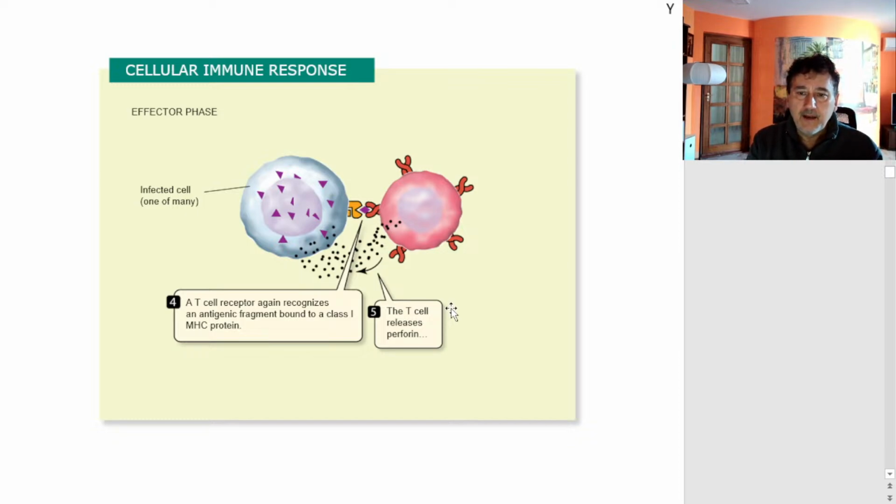How? There are two mechanisms, and one of them is illustrated here: the cytotoxic T cells release the so-called perforin. The perforin is an interesting structure because it is a tube-like structure.